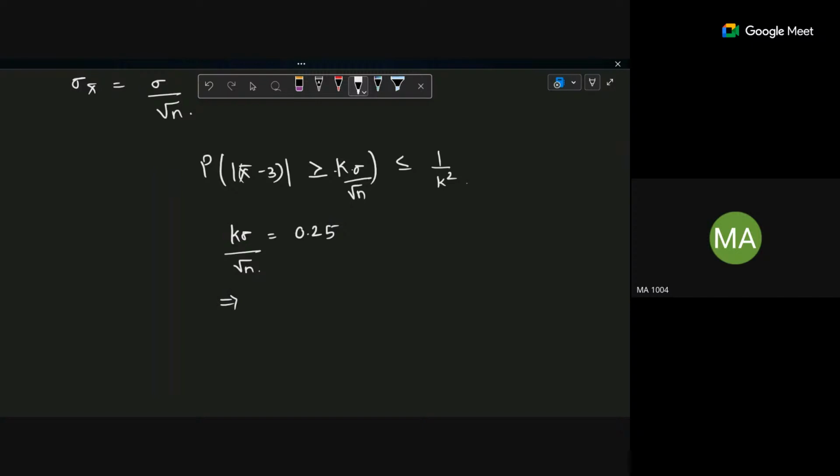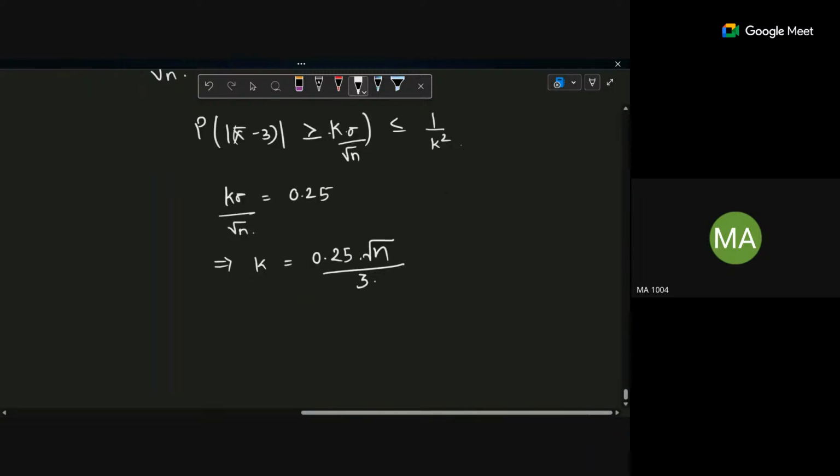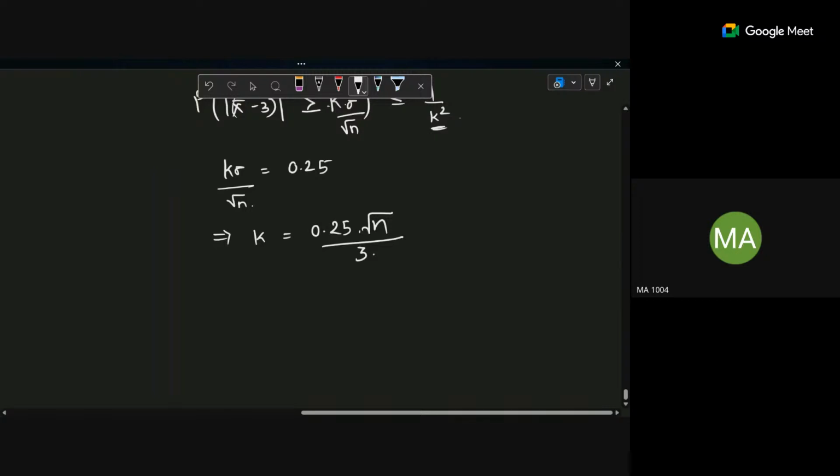That implies what is the value of k here? In terms of n only we will get. All the options are in terms of n, no problem. So it will be 0.25 times square root n divided by sigma. What is sigma there? 3. So what will be k square?